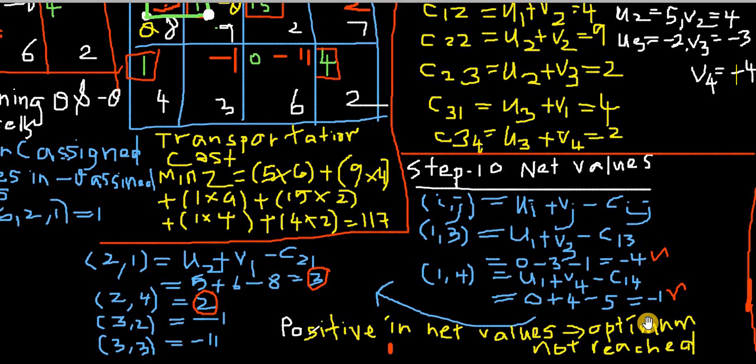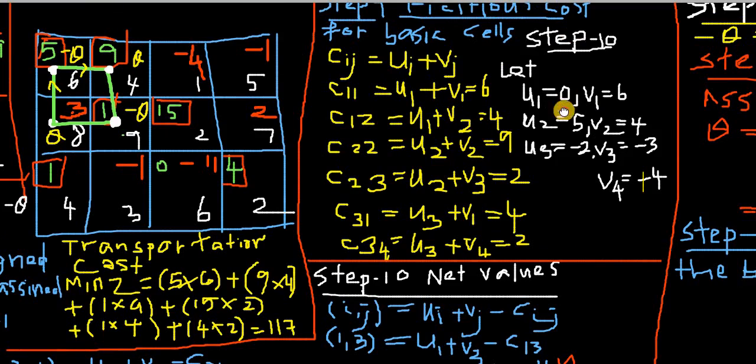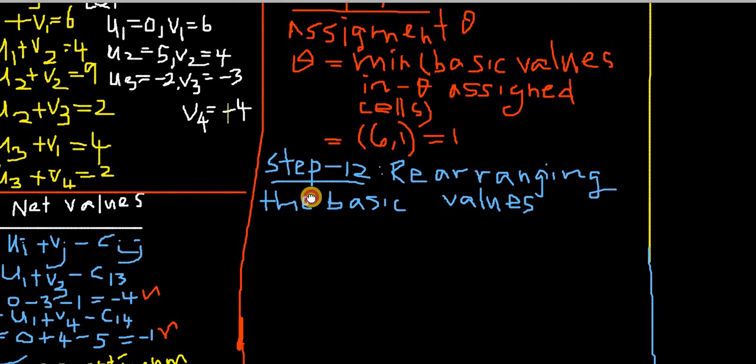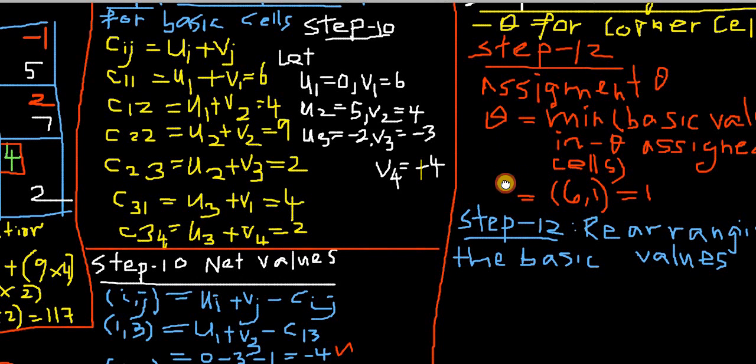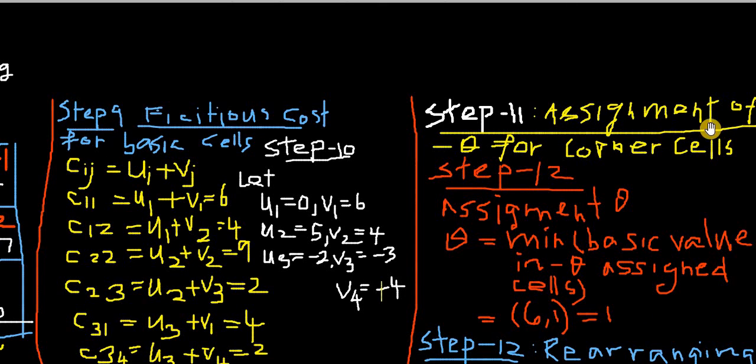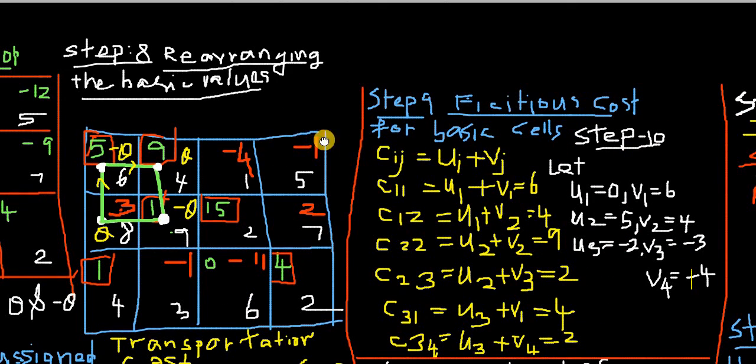We have to draw the loops from the maximum positive net value. That is step number 11. We have to look for a positive net value, and assign theta and minus theta for corner cells. Now come to the box here.